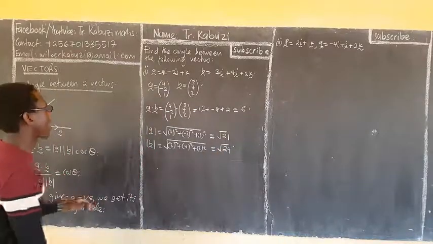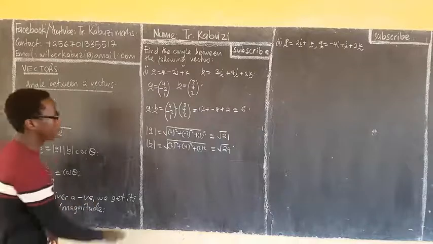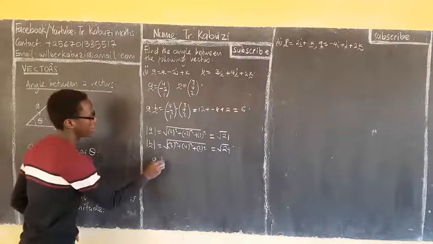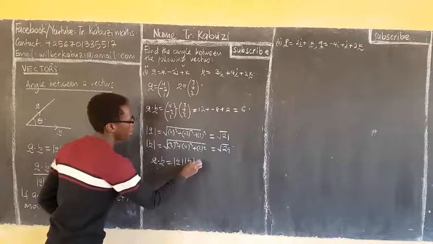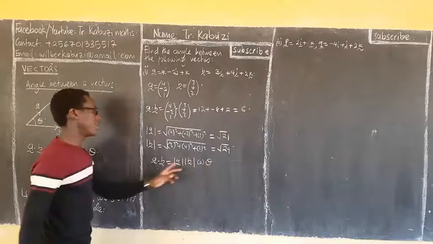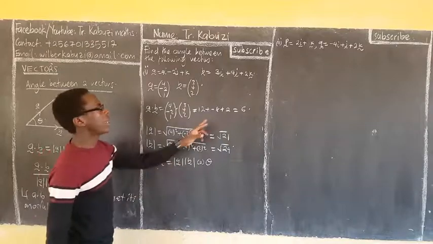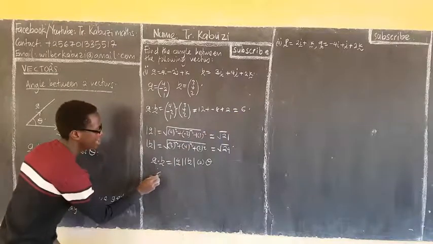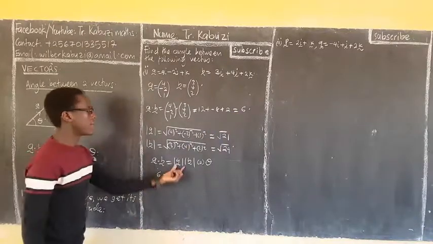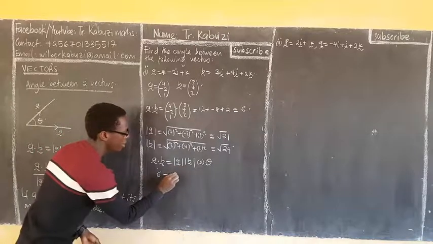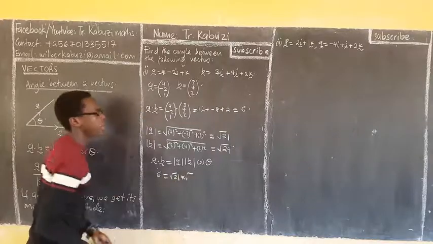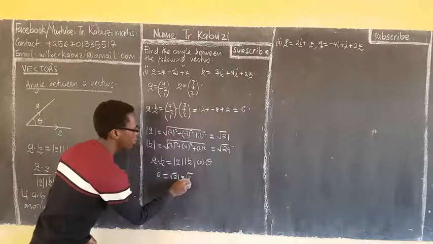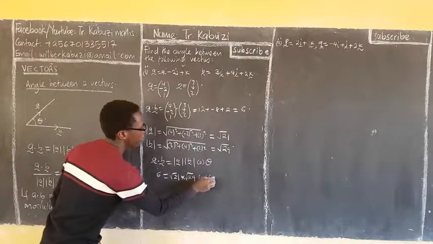Now I come back and substitute into the formula. A dot B equals modulus of A times modulus of B times cos theta, and I want theta. A dot B is already 6, which equals root 21 times root 29 times cos theta.